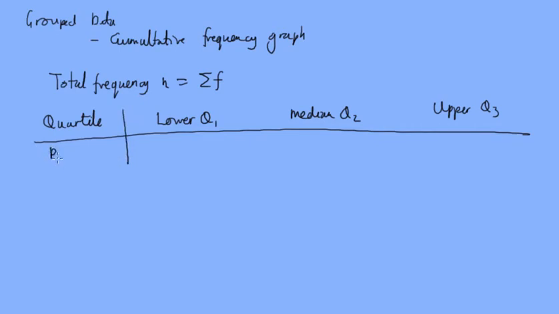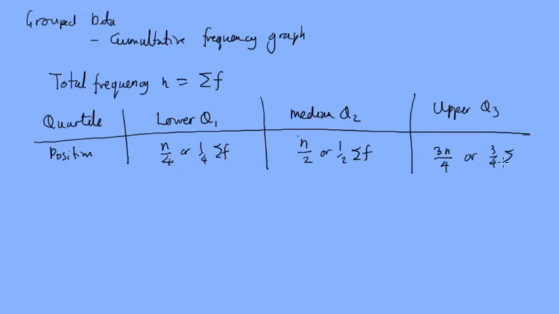And the positions of these will be n over 4, or a quarter of the sum of f; n over 2, or half of the sum of f; and for Q3 it's going to be 3n over 4, or 3/4 of the sum of f.